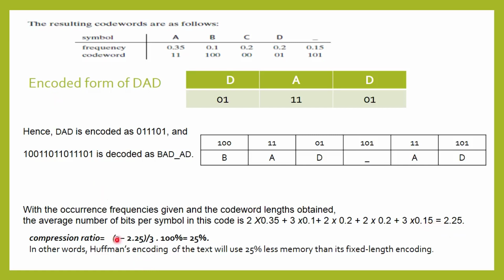So now the compression ratio compared to our fixed length encoding, because in case of fixed length encoding, A, B, C, D, underscore might require at the max 3 bits each.